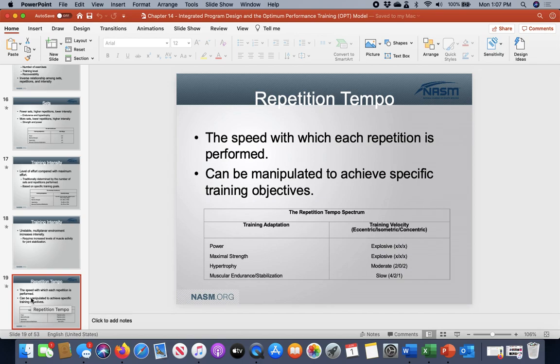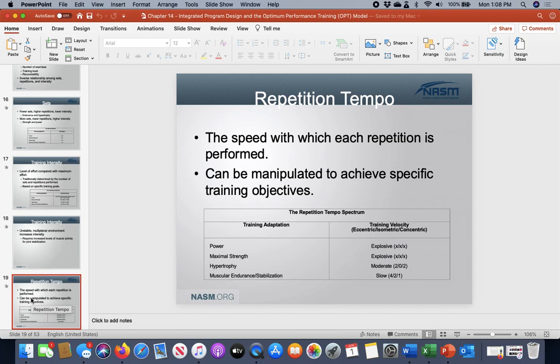That's why it's explosive for max strength. But you can either set a metronome or count it off in your head as best you can. You're going to go 1, 2, 1, 2, and that's exactly what that means. 2 seconds up, 2 seconds down. All right, which means that it's a 2-second eccentric, 0 seconds of isometric, and 2 seconds of concentric.